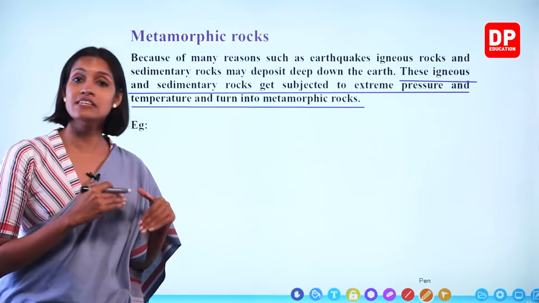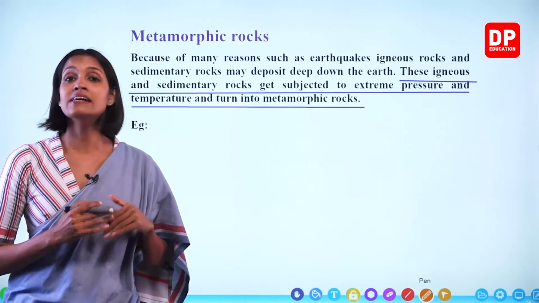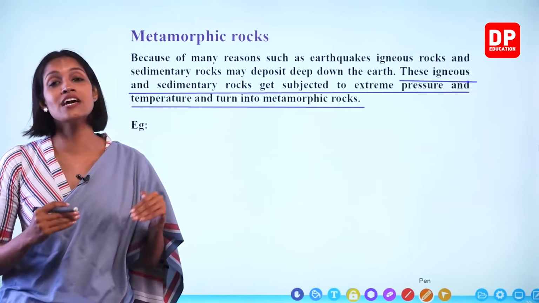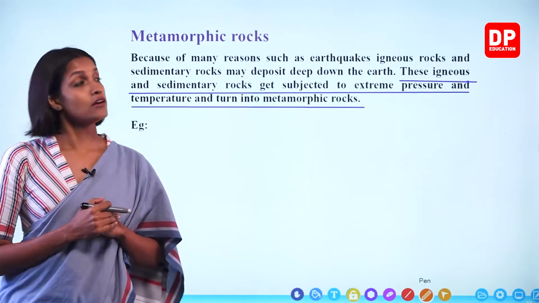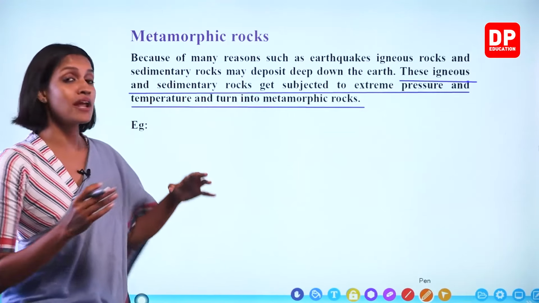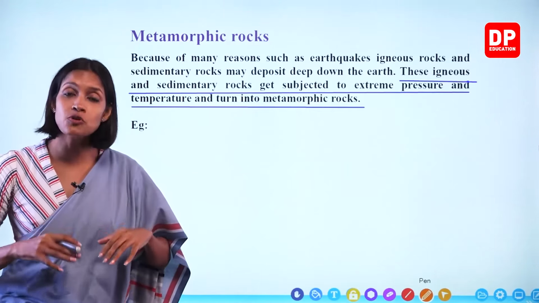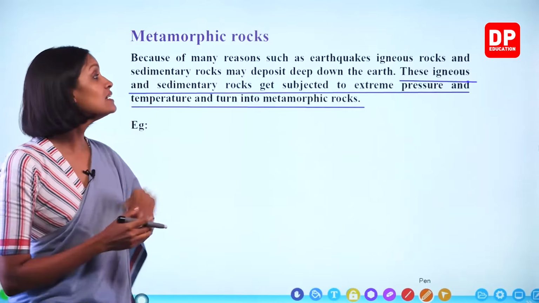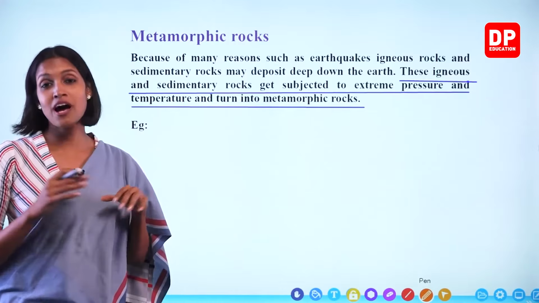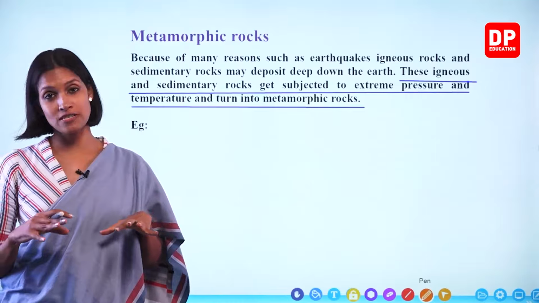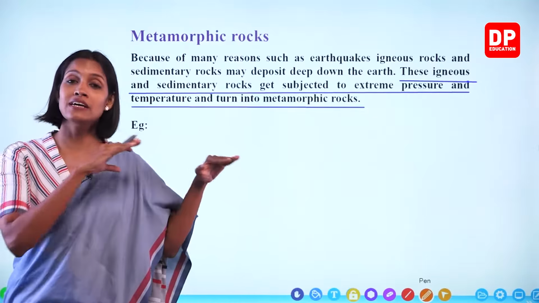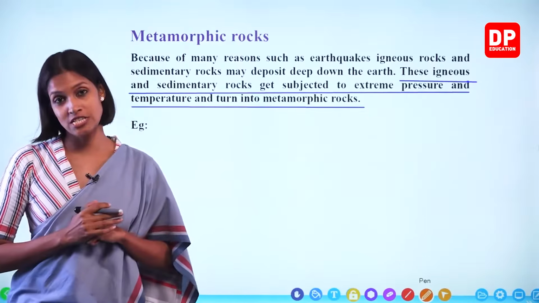Earlier under sedimentary rocks, we learned that limestone is a type of sedimentary rock. So during earthquakes, when limestone goes into the inner part of the earth, then limestone goes through changes and marble is formed. Marble is a type of metamorphic rock. Marble is formed by limestone undergoing changes.